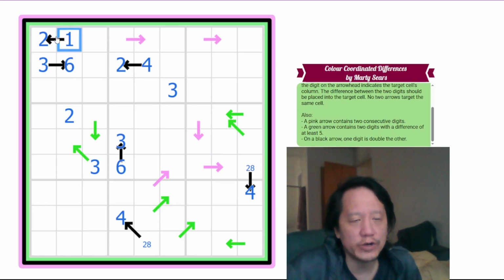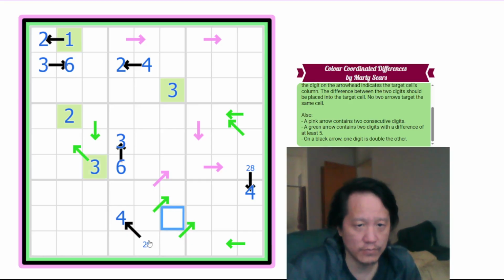So again, row 1, column 2 has to have a difference of 1, so that's satisfied. Row 4, column 2 is pointing there. Row 3, column 6 is pointing here. Row 6, column 3 is pointing here. And we have one of these is 2 and 8.